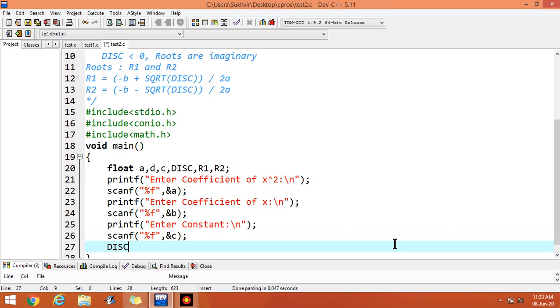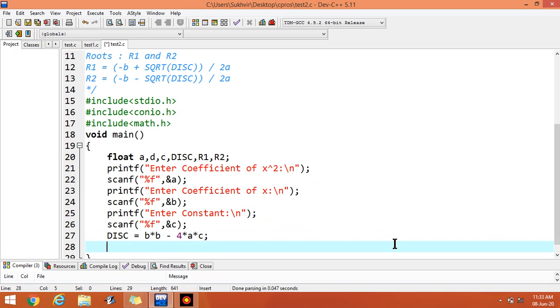Then the calculation of the discriminant, b square minus 4ac. After the calculation of the discriminant, you have to apply the three conditions written above.